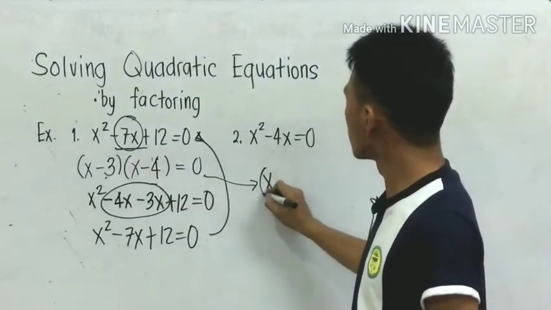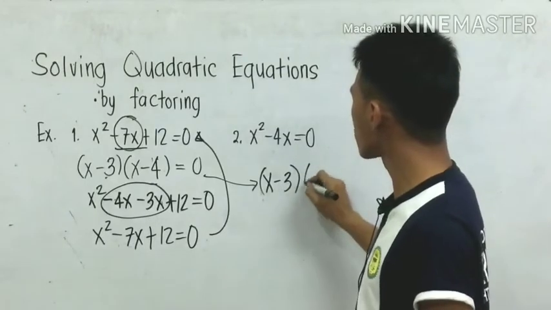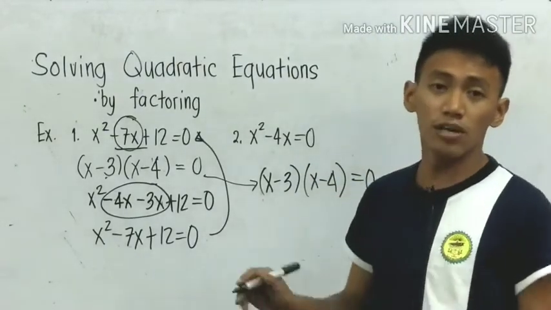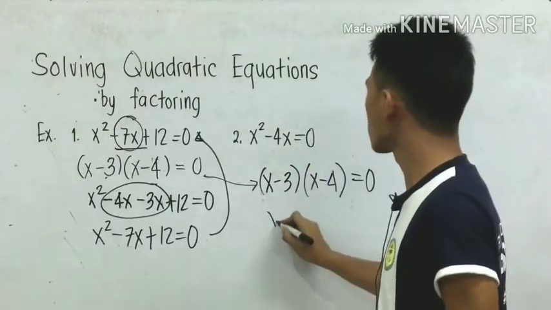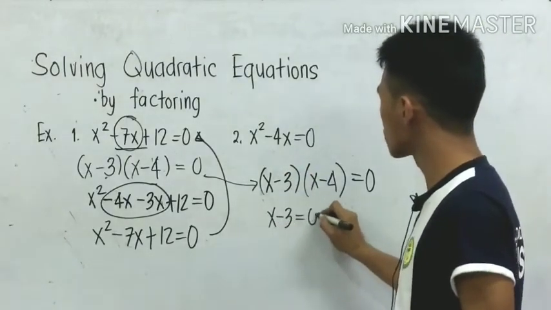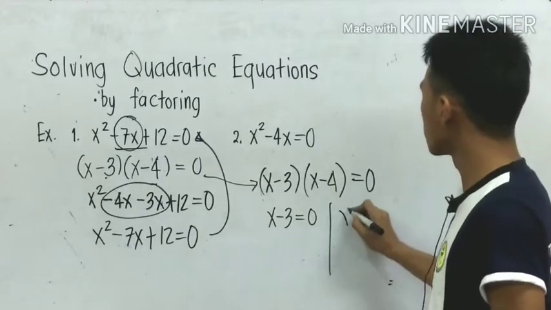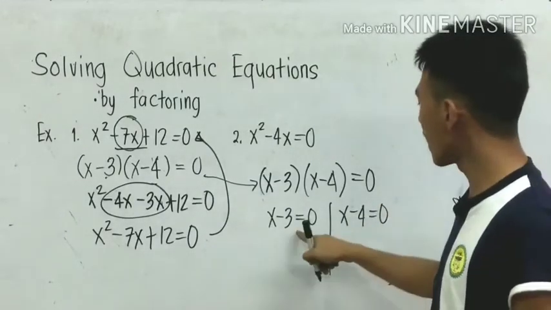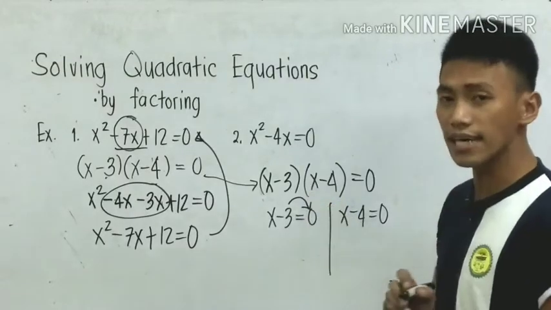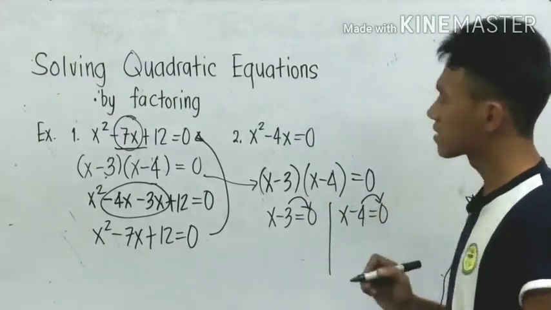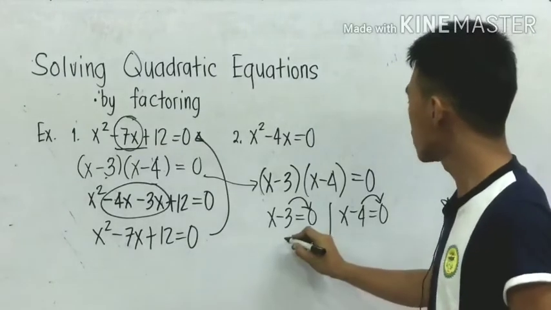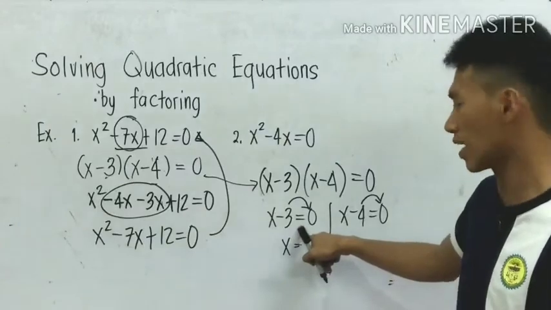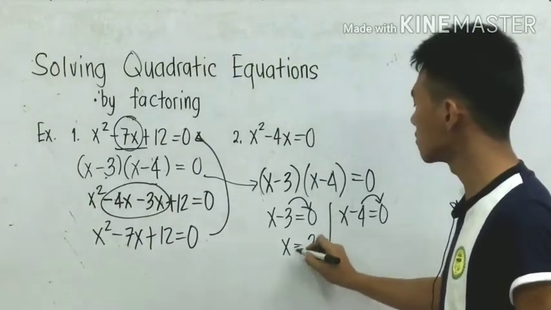So, we have x minus 3 times x minus 4 is equal to 0. So, atong siyang bungkagon. X minus 3 is equal to 0. X minus 4 is equal to 0. And then, transpose your constant sa other side. So, x, negative 3, nilabang sa imong equal sign is positive 3.